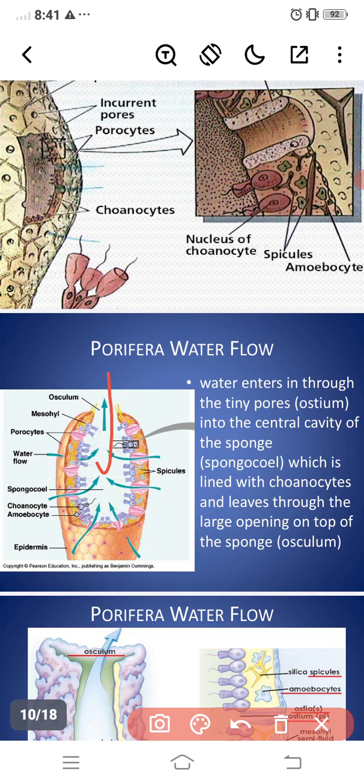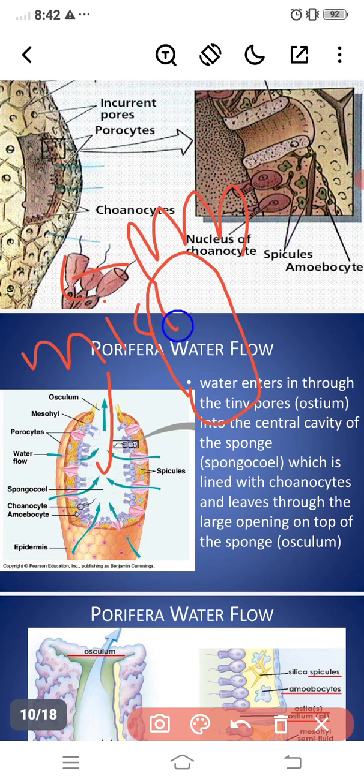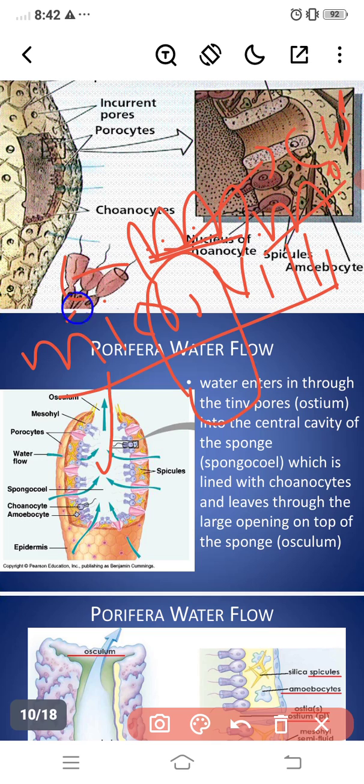For example, this one is a choanocyte. This choanocyte contains microvilli. Here it contains mucus, and this mucus basically traps the food particles.